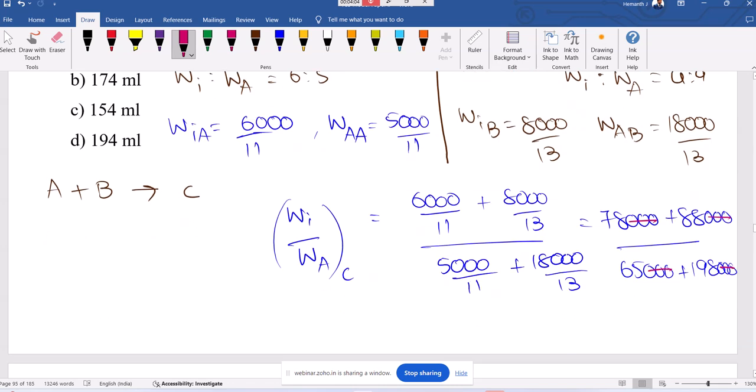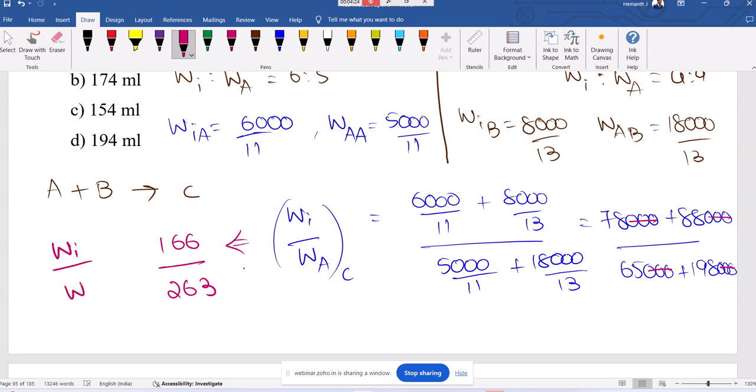Now what is wine and water in the mixed one: 78 plus 88, numerator 166. Denominator gives 263. So this is wine and water.